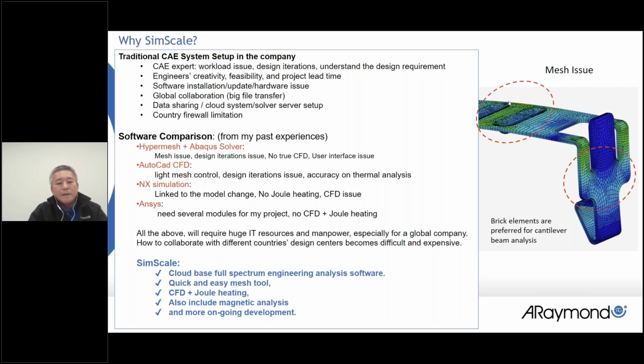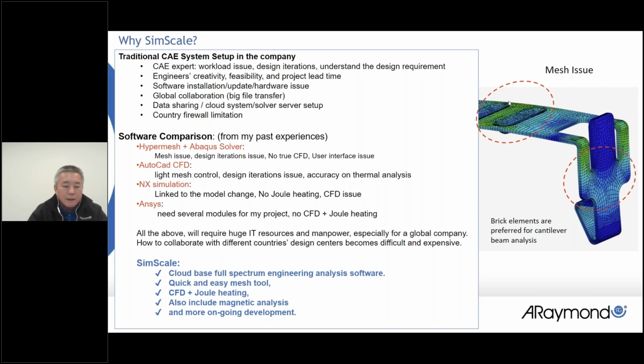But in order to let every engineer run simulation, you now need to install the software on each laptop. Software installation, upgrades, and hardware requirements are all going to be very expensive.